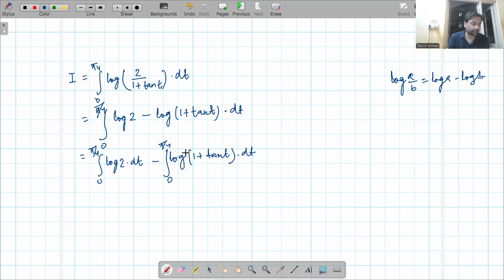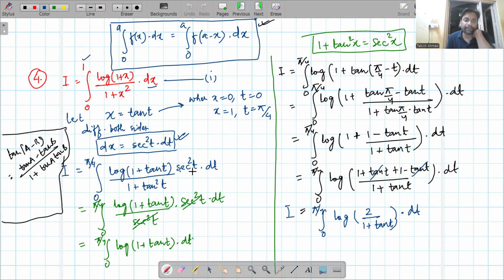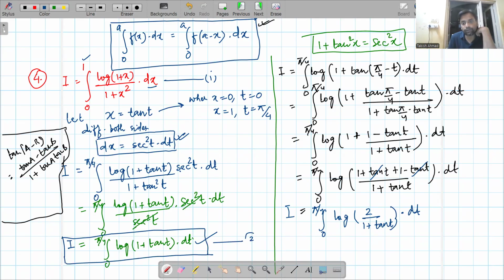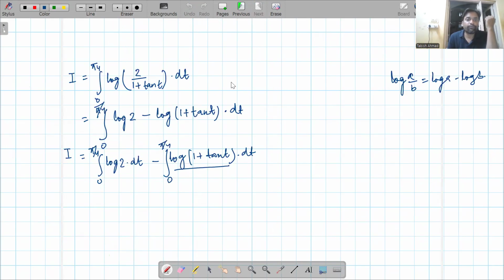But one thing I got here, if I see the question, I is equal to this, we got log 1 plus tan t. You come to the previous page, log 1 plus tan t here. So this was our I. It means that this whole thing is also our I, isn't it? I will name it as equation number 2 and I will put it here in equation number 3. So you write that, put equation 1, equation 2 in 3.